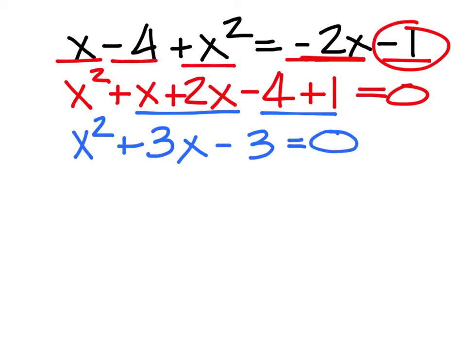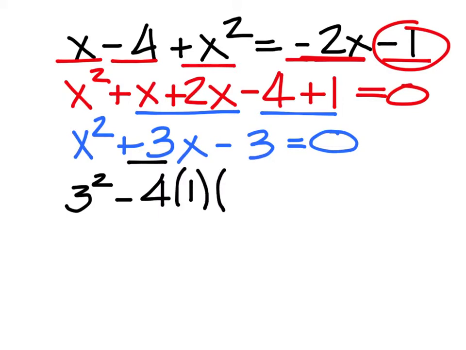Okay, so we need to do the discriminant. What do I write first for the discriminant? 3 squared. 3 squared comes from the b, and then what? Minus 4 times a, which is 1, and c, which is negative 3. All right.